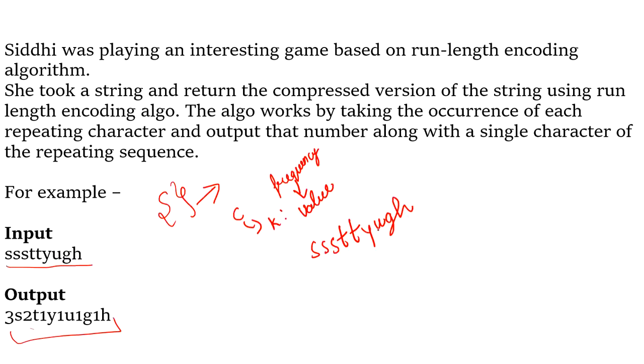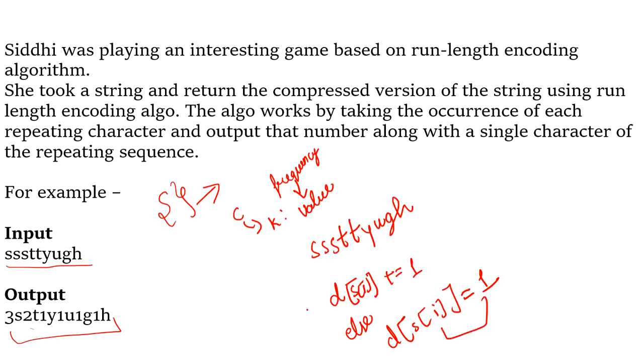We will go through each and every character of the string one by one, and check if this particular character is already present in the dictionary. If so, we will increment the value associated with the character by 1, right? Otherwise, if this character is not present in the dictionary, we will give the value of this particular character as 1.